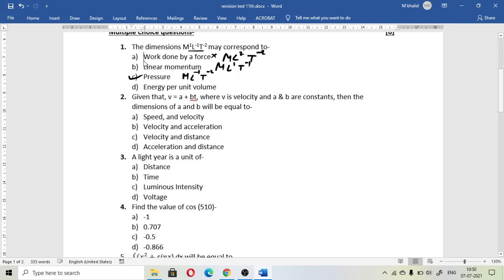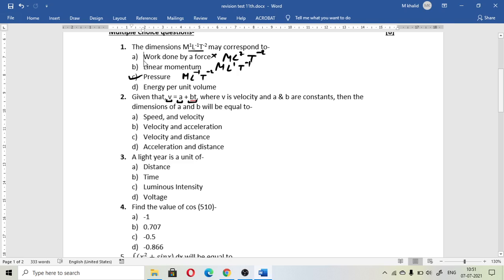Second question says, given that v is equal to a plus bt, where v is the velocity and a and b are constants, then the dimensions of a and b will be equal to. In this type of question, always remember that each set will have equal dimension. That means dimension of v will be equal to dimension of a, will be equal to dimension of bt.